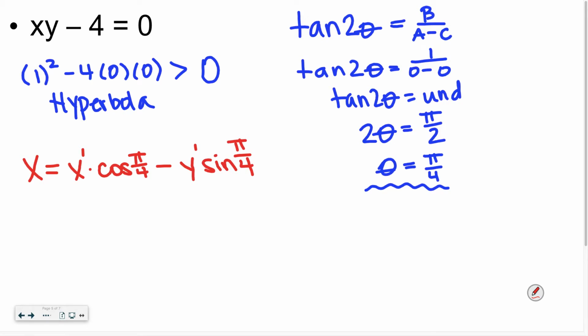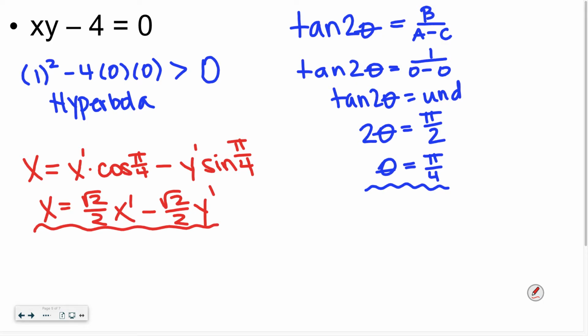Okay. Well, can we determine the cosine of pi over 4? It's radical 2 over 2. And can we determine the sine of pi over 4? It's also radical 2 over 2. So here's our substitution for x.